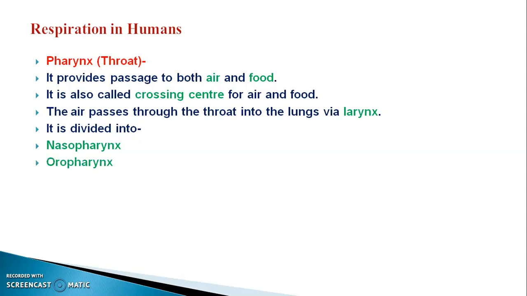This oropharynx lies behind the nasopharynx in the oral cavity. Third is the hypopharynx. This hypopharynx is also known as the laryngopharynx. This is the caudal, the terminal part of the pharynx. So in short, the pharynx is divided into three parts: naso, oro, and hypo. Hypo is also known as laryngo.